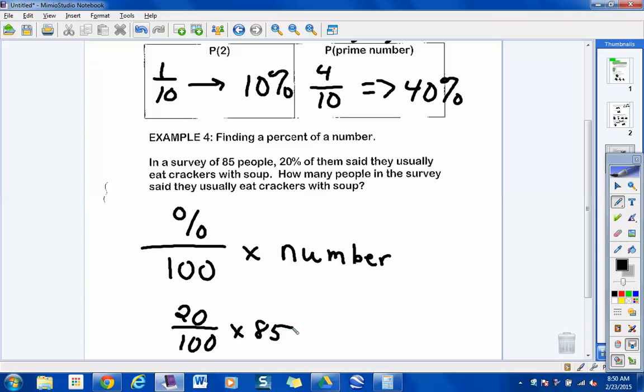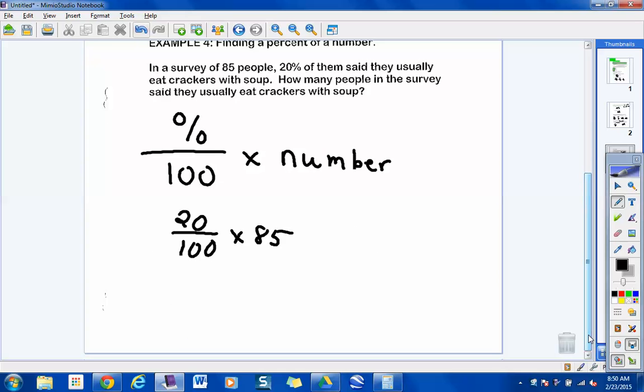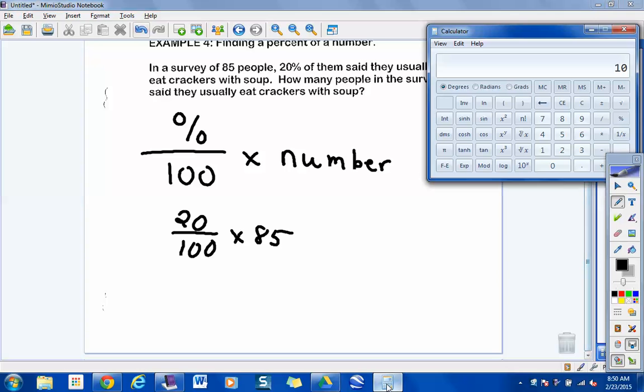Let's see what this looks like numerically. When I do 20 divided by 100 in my calculator, I get 0.2. Now, we're going to take that 0.2 times what value? 85.